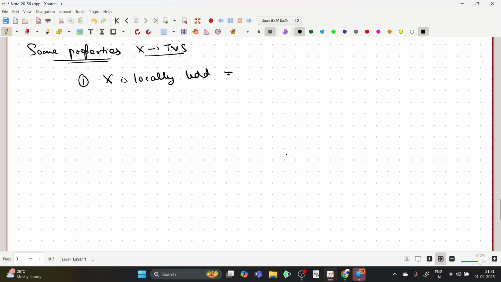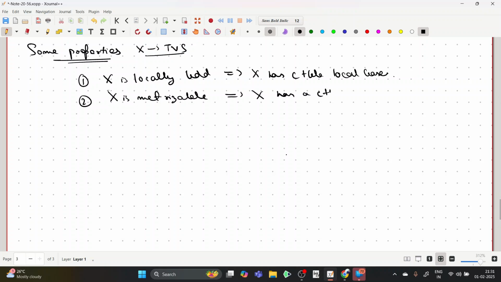So X locally bounded implies that X has a countable local base. So this is one important property. The next important property is that if X is metrizable, that is, I can find a metric on X which is compatible with the already defined topology on X, then X has a countable local base as well.